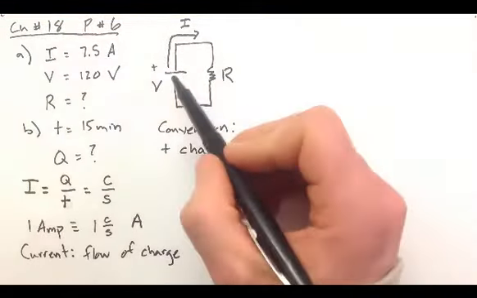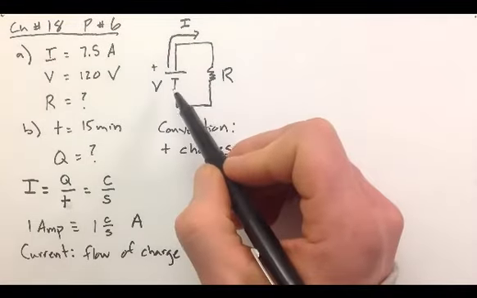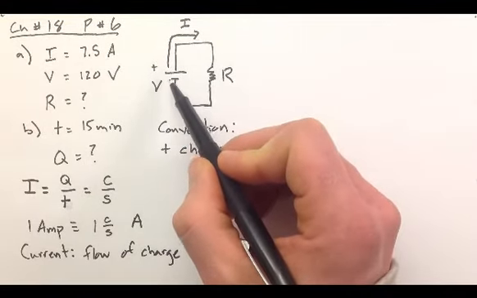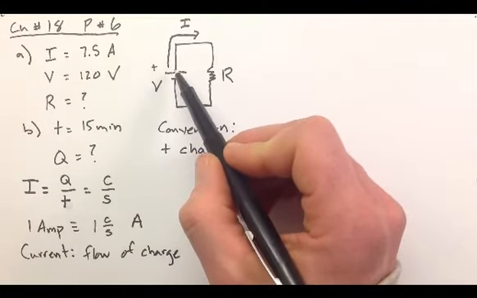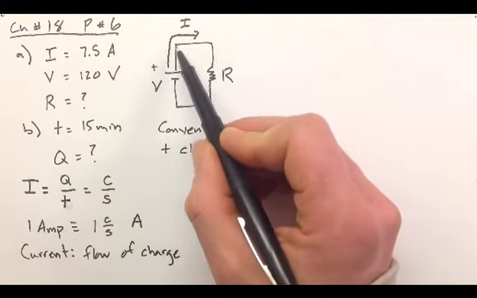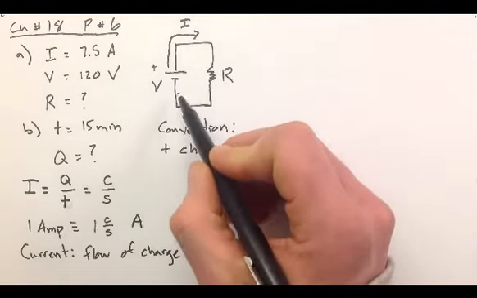So for instance, here in this circuit diagram, I have the positive terminal of the battery here, the negative terminal here. Current, or the charge, flows around the circuit this way.